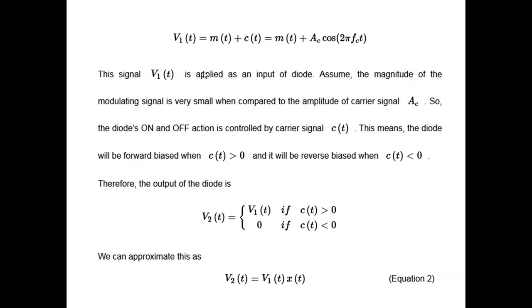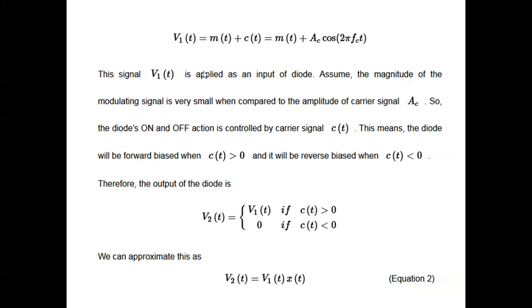So the signal V1 of t is applied as an input to the diode. Based on the carrier signal, the diode will be on and off. Okay, so the carrier signal controls the diode.